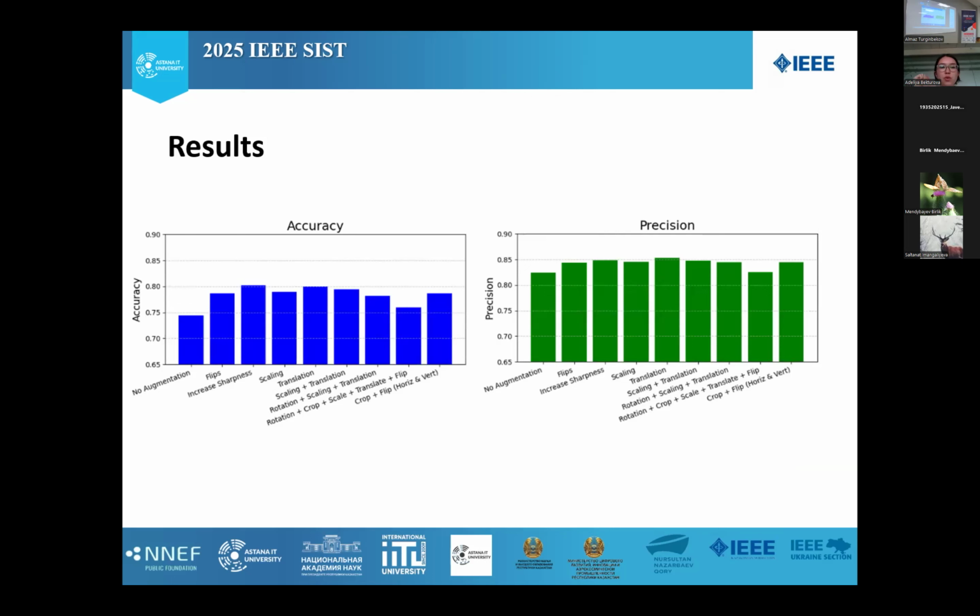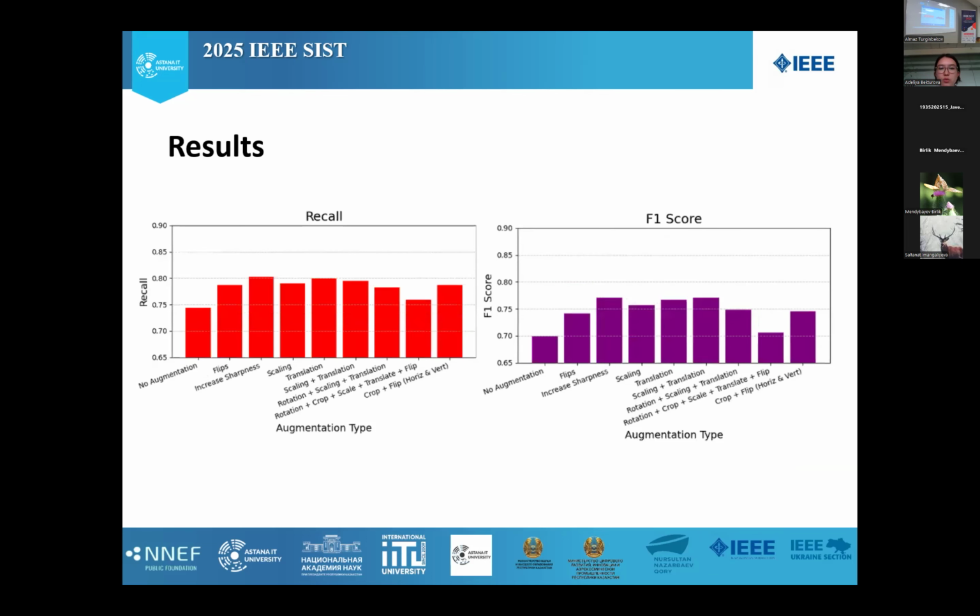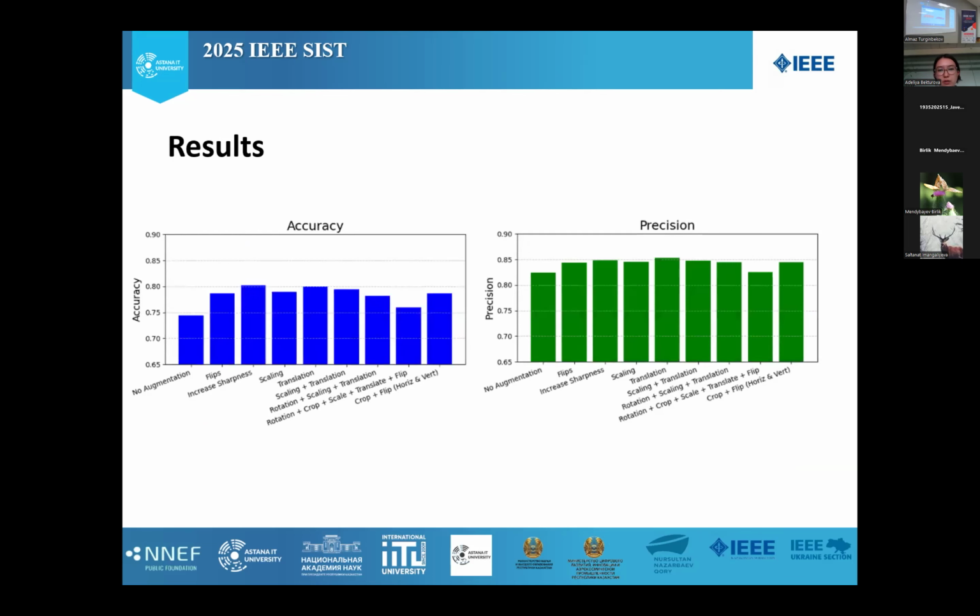Conversely, we found that overly aggressive or complicated augmentation strategies can negatively impact the results or have no impact at all. That's why it's important to choose not very aggressive data augmentation techniques in the medical field, especially in brain tumor classification.